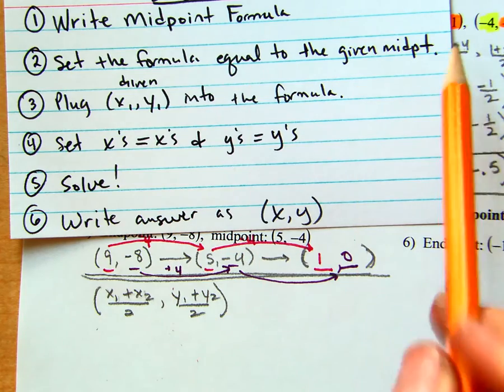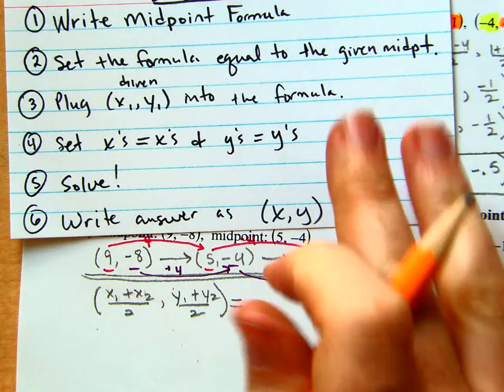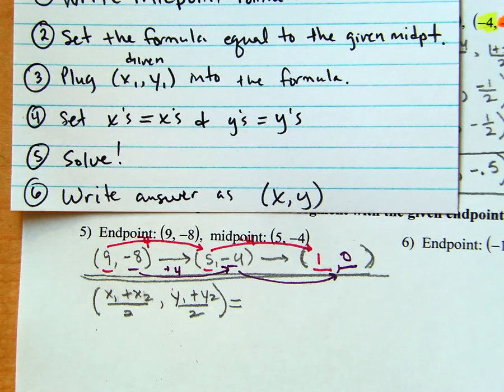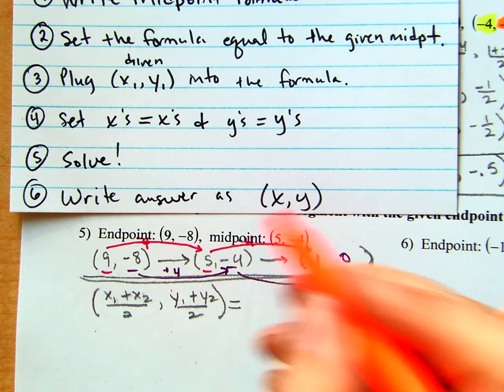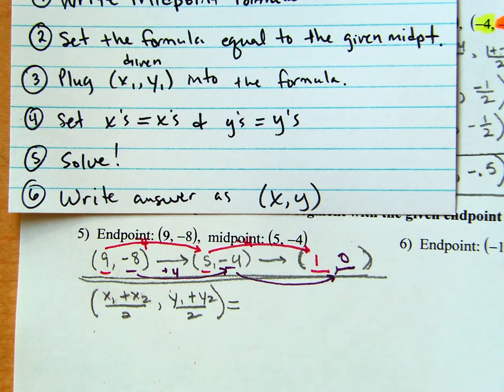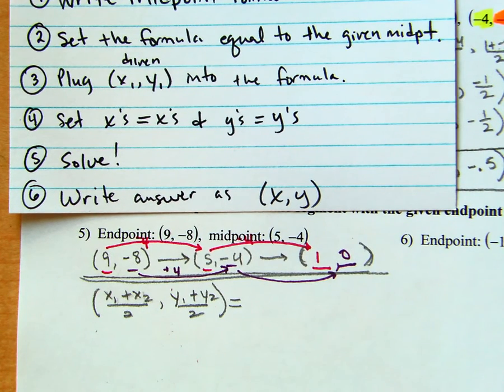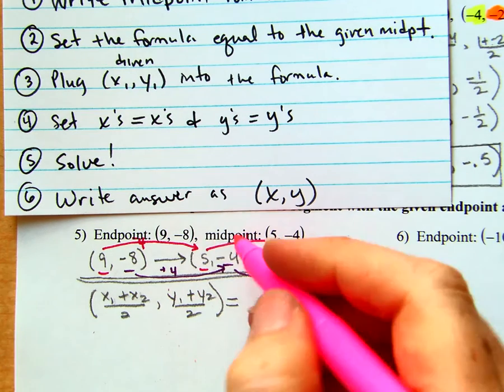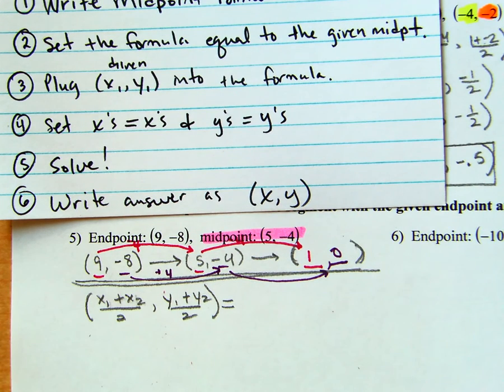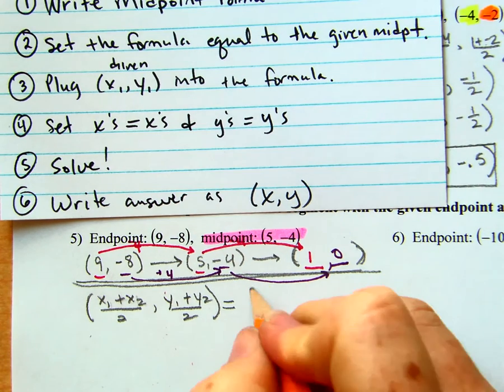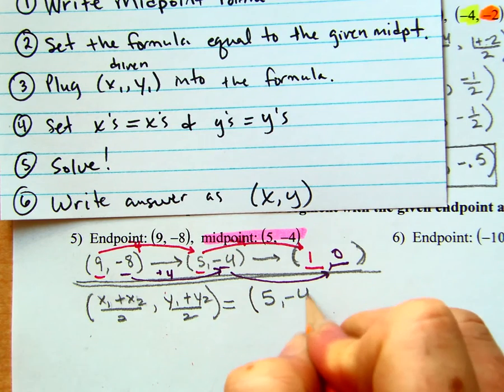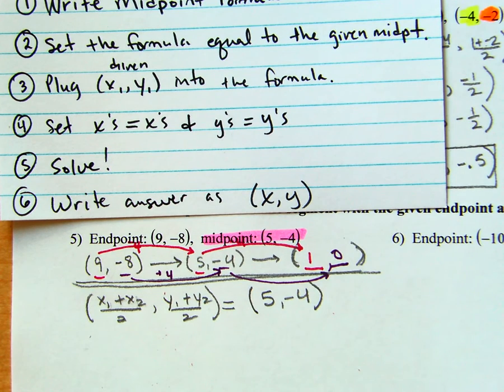Then I set the formula equal to the given midpoint. So in this problem, the given midpoint is this 5, -4 right here. So I've got a given midpoint 5, negative 4. Okay, so I know that's going to be true.